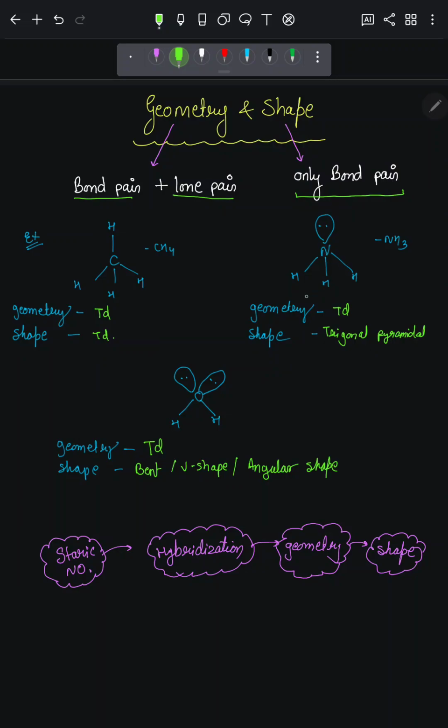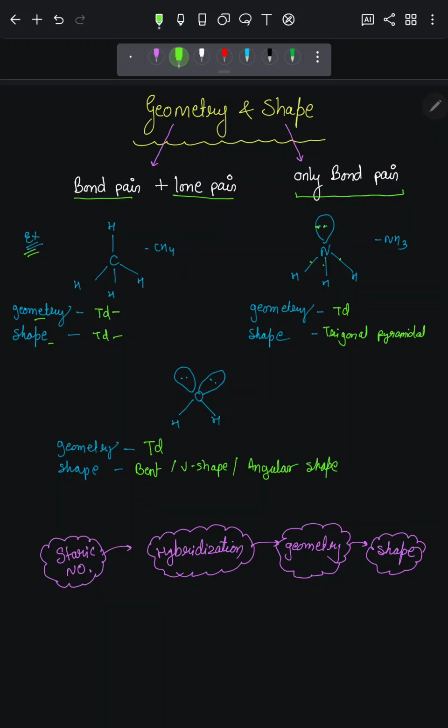As you can see in these examples, let's take an example of CH4. If we talk about geometry, then it has a tetrahedral geometry, and if we talk about shape, it is tetrahedral as well. But in case of NH3, due to the presence of this lone pair, it has 5 valence electrons, so 1 lone pair and 3 bond pairs are present.